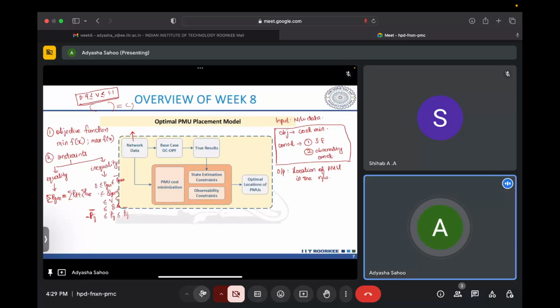So why is that? Let's say there is a line connecting bus I and J, and the power flow through this line is Pij, and the thermal limit is Pij max.